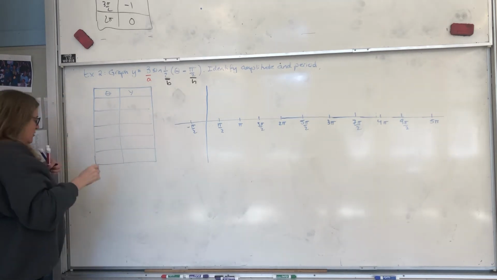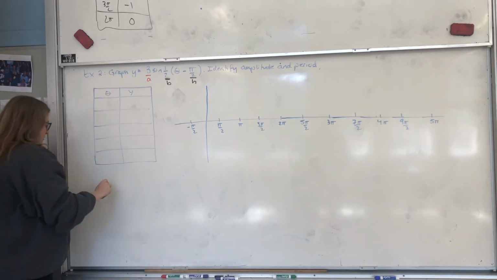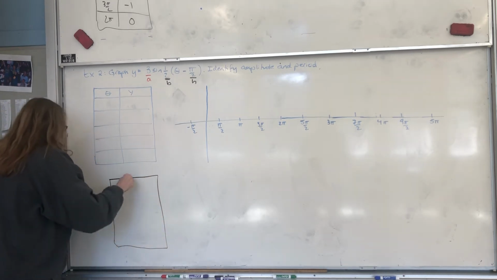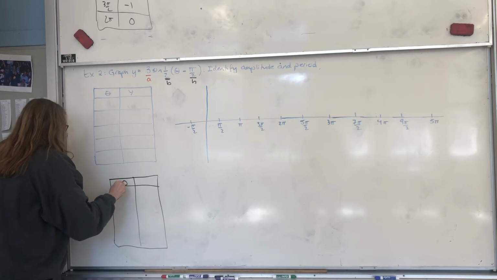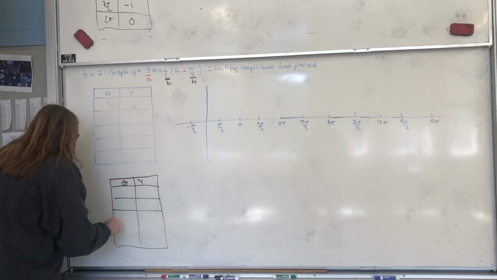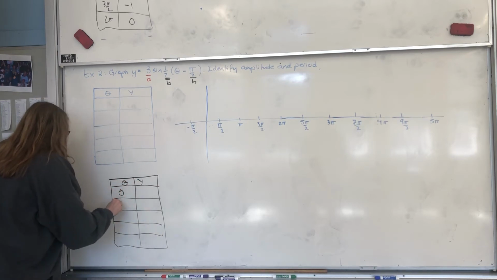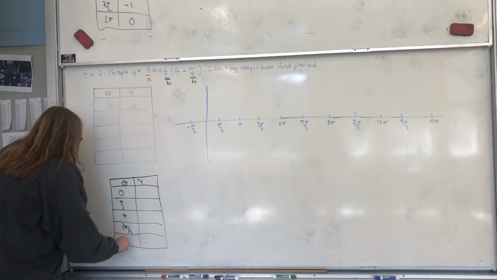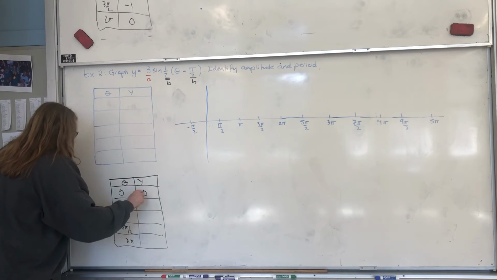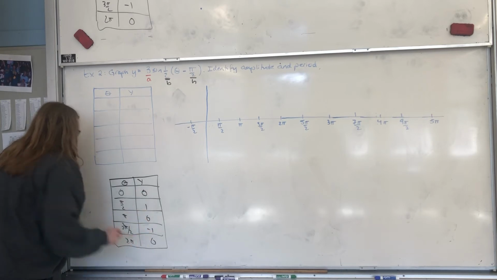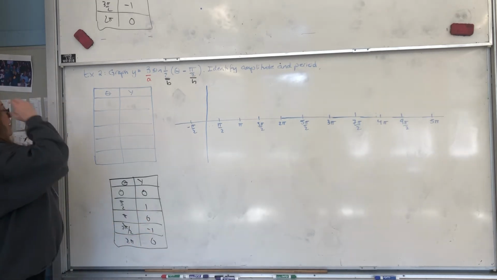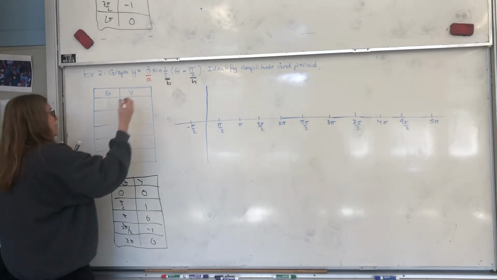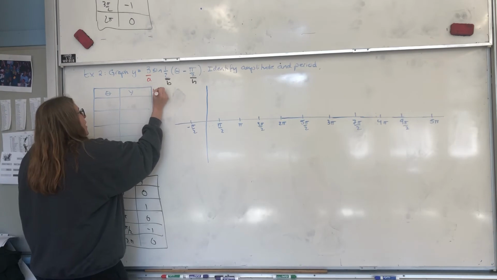Right, so again, let's look at our parent function. I'll just draw it again down here. Okay, so for our y values, we only have an A, we don't have a K. So our formula is going to be 4y.